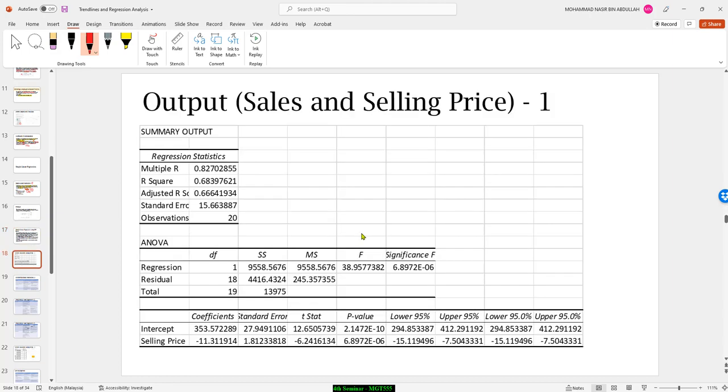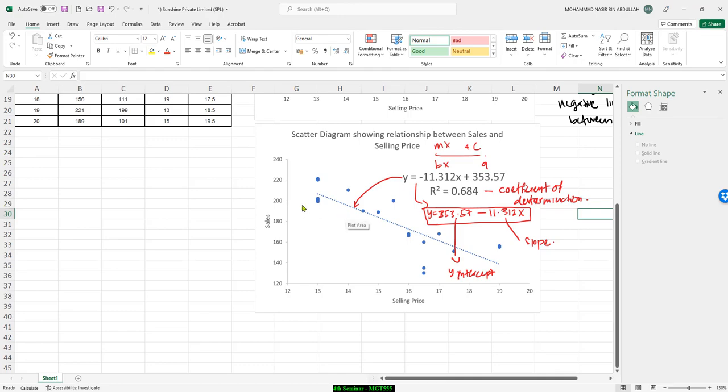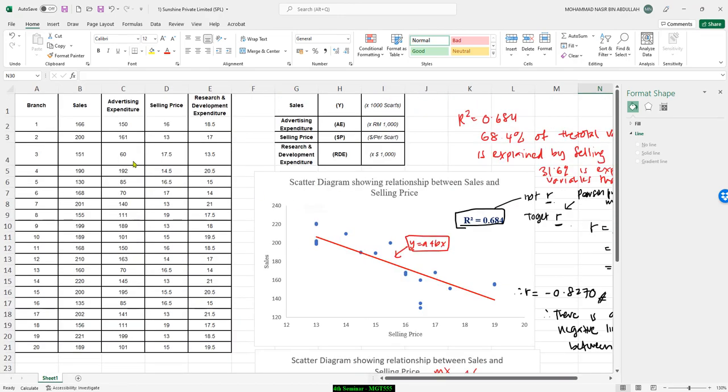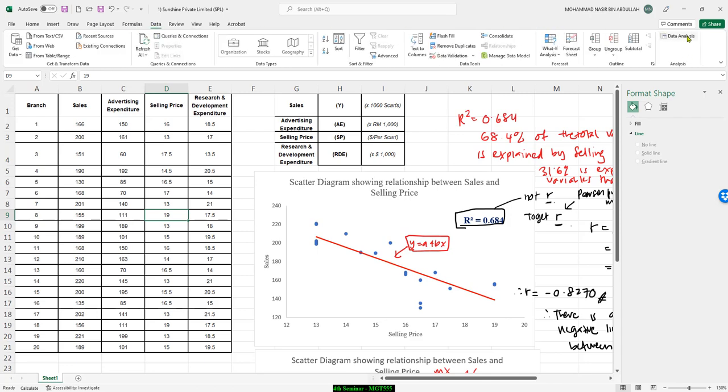Right. So now, let's see how to do it. This is simple linear regression. Okay. So make sure your data is clean here, right? No notes here, right. Remember last class we used data analysis from the analysis toolpack, right?